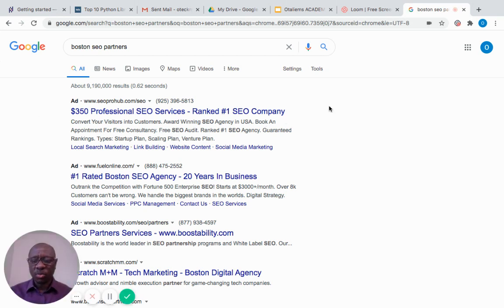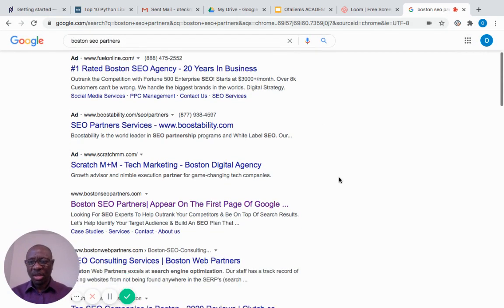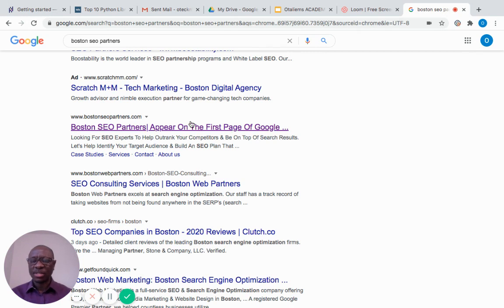The first three results that you see are actually paid search. People pay to be in this position. But if you go down, these ones are unpaid. They are appearing on the first page of Google. These are natural efforts. That's what we're talking about, the SEO.